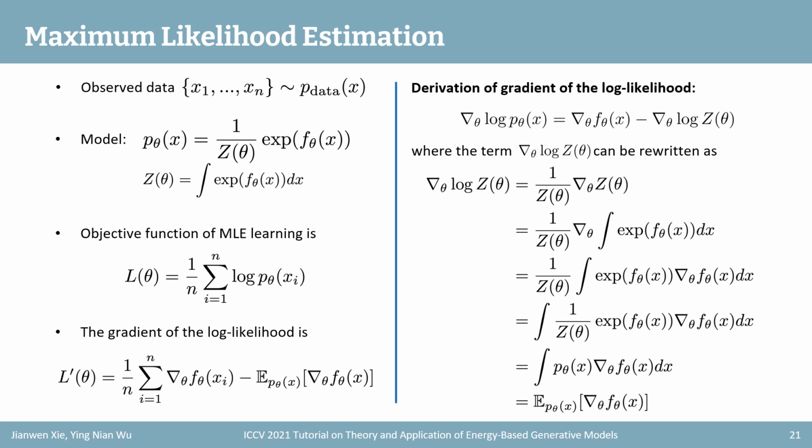The gradient of the log likelihood involves an expectation term, which is analytically intractable. The expectation term comes from the derivative of log Z, where Z is the intractable normalizing constant. We see the derivation of the gradient of the log likelihood on the right-hand side.